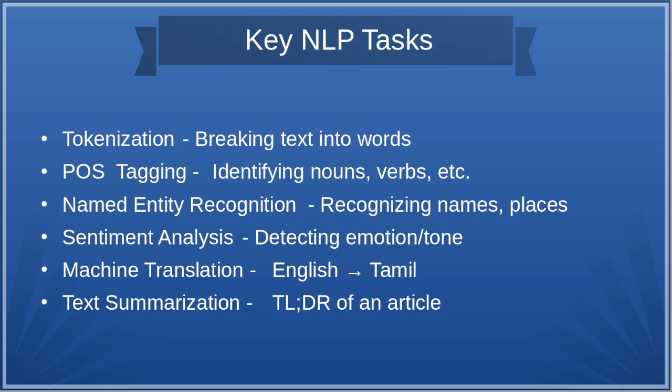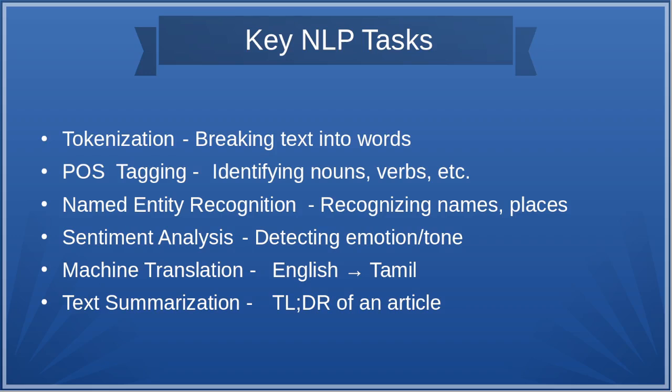Named entity recognition, NER, is like recognizing names and places. It goes through the sentences and identifies person names, organization names, location names, and dates, any kind of month, day, date information. So finding that and tagging it as location, date, person, like that.